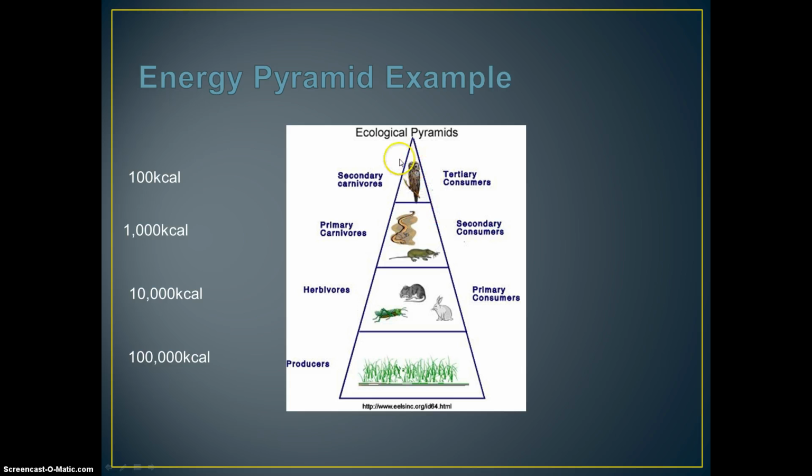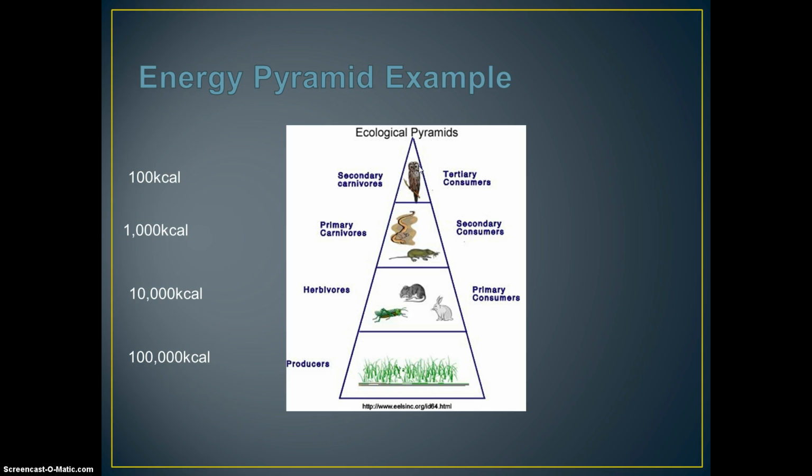When we look at this, think about how much food it takes. This owl is a carnivore. He doesn't eat plants. But humans are omnivores. We eat plants and animals. If we look at how much energy is available to us from the plant level versus our primary consumer and our secondary consumer, you can see why most of the energy in all ecosystems is going to have to come from the bottom level.